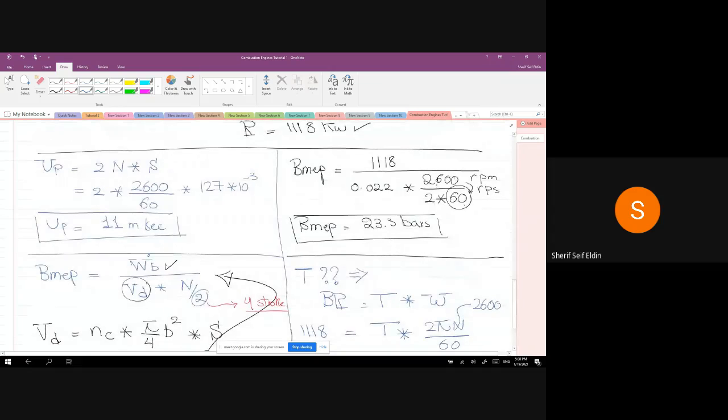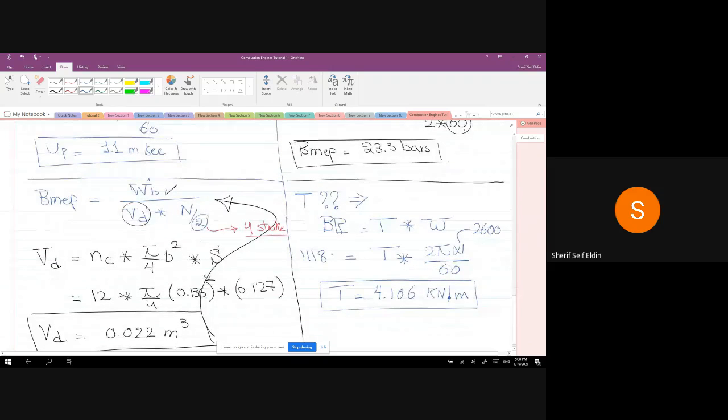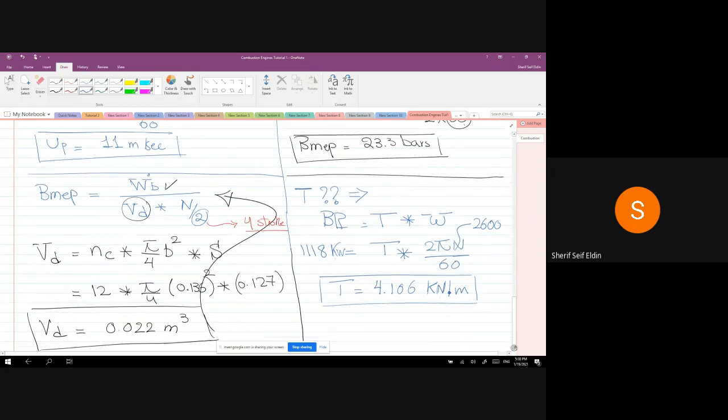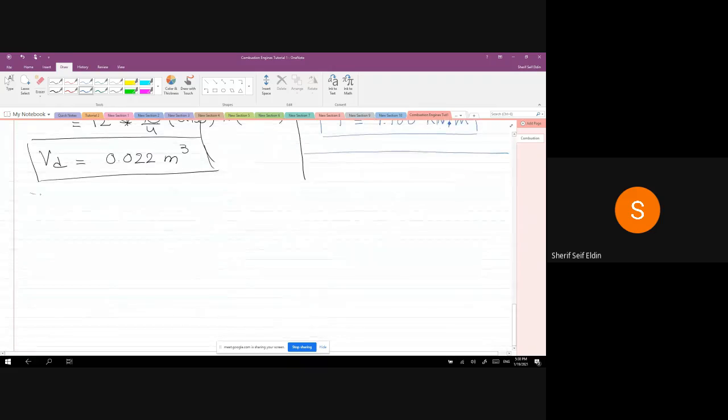Can you double check you substituted the correct values? Am I supposed to use the power in kilowatts or watts? In kilowatts, it's going to give you kilonewton meter here. If you substitute in watts, it's going to be Newton meters. That's good. No problem.